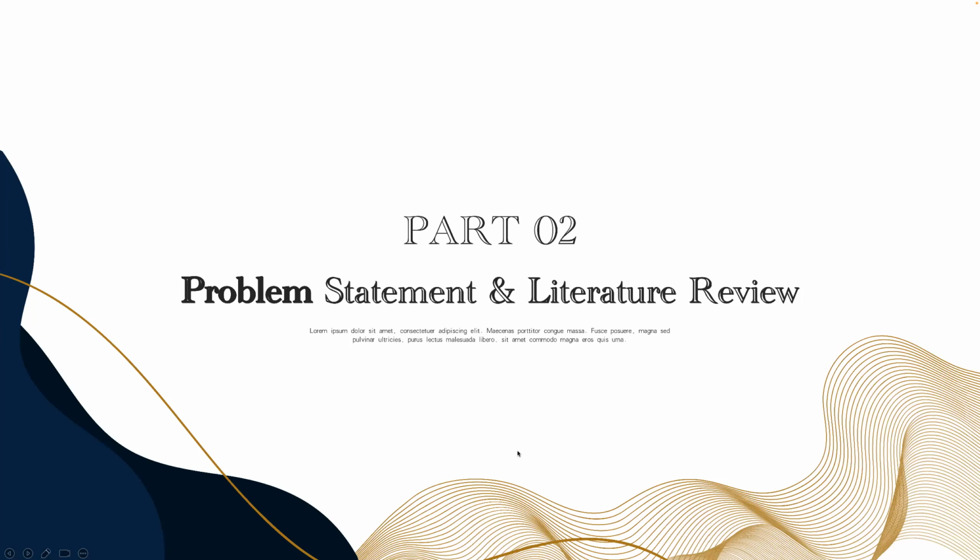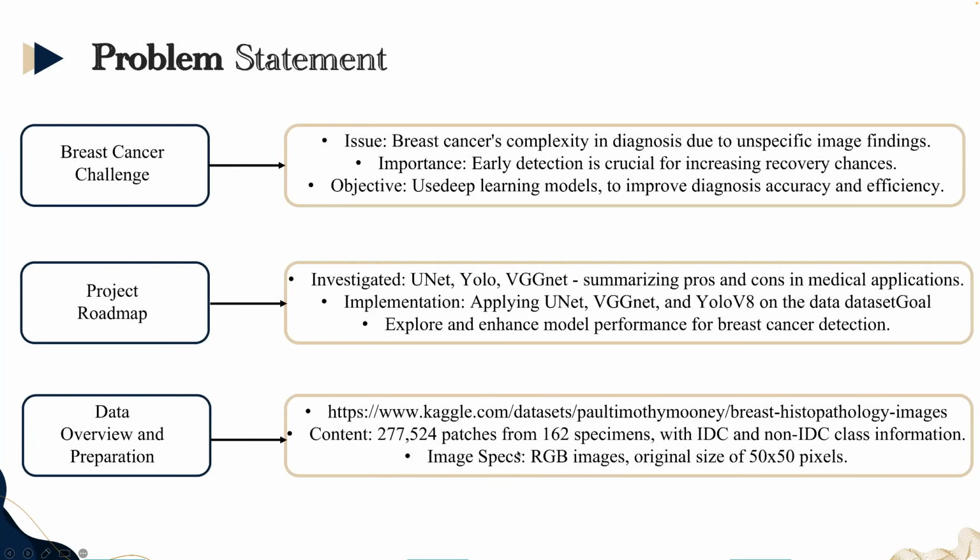For part 2, problem statement and literature review. In this part, let me delve deeper into the details of this project. As mentioned, our project focuses on the classification of breast cancer, a particularly complex type of cancer due to its non-specific image findings. This complexity poses significant challenges in accurate diagnosis and treatment. We have chosen to use image data from Kaggle.